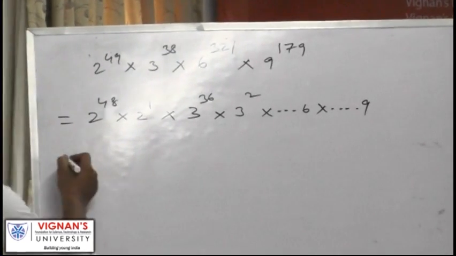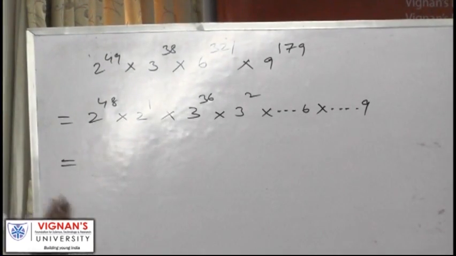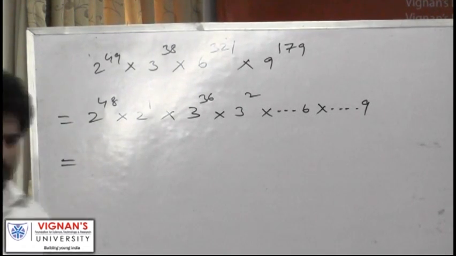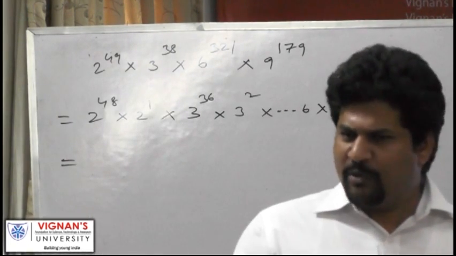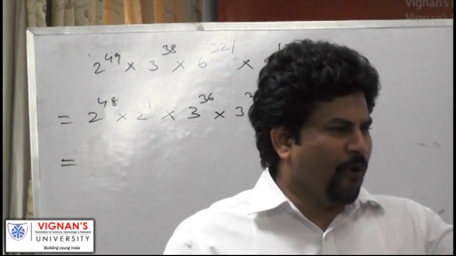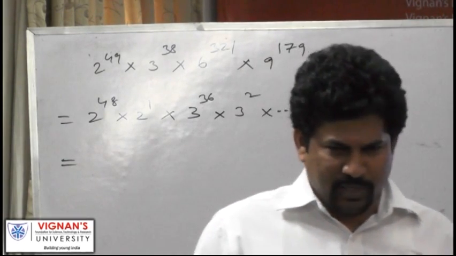Now here, the powers of 2 and 3 are multiples of 4, so you get 6 and 1 in the units place.